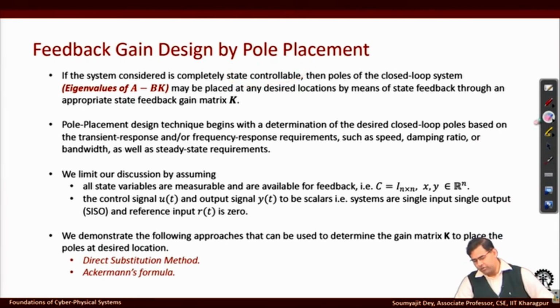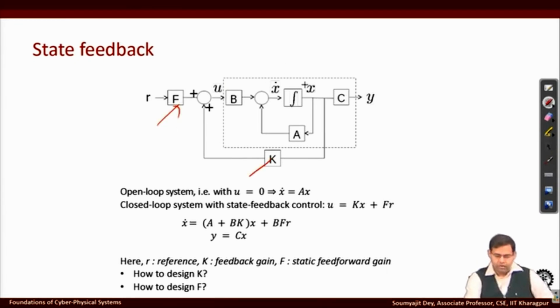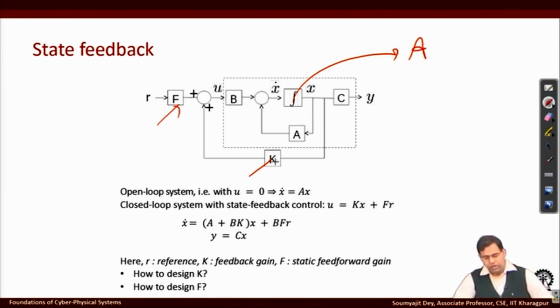So let's understand what we are really trying to do here. So you see, without this k and f, you had this system dynamics defined by a, and that was something I was unhappy with. So I am now bringing in this k, and what should be k and what should be f is in my hand, right.